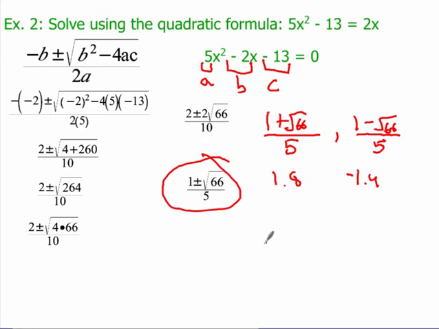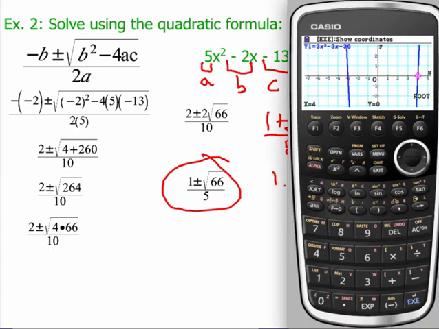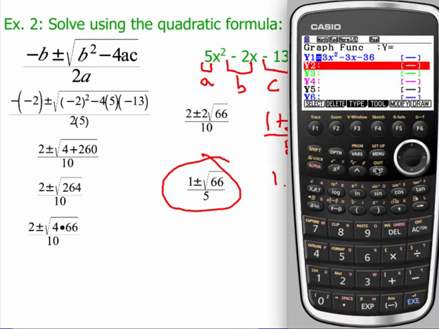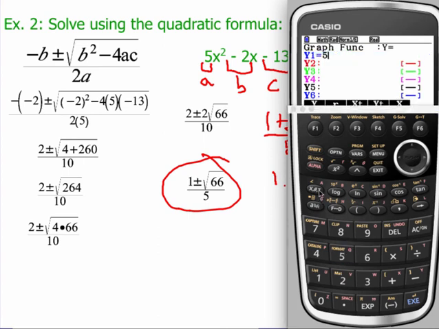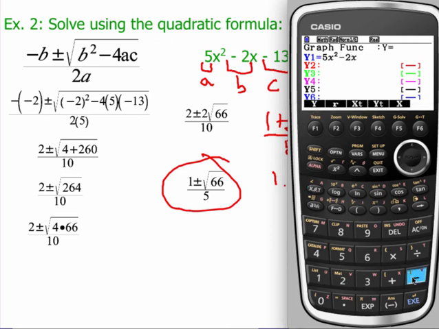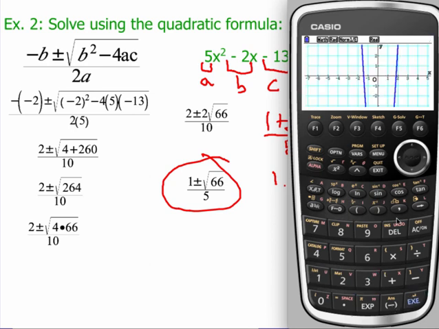So I really don't want to plug these back into my equation to check it because it's a lot of work, but I can use my graphing calculator, so let's get that back out. Okay, and I need to change this to 5x squared minus 2x minus 13. All right, graph it.